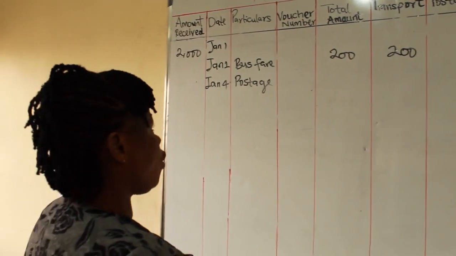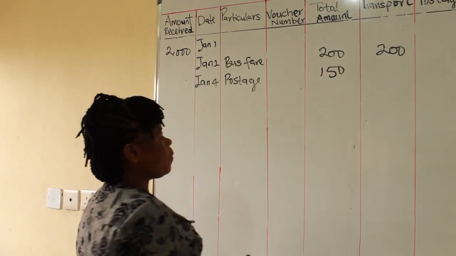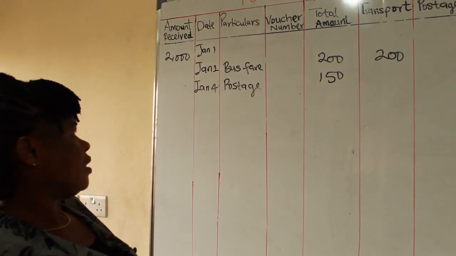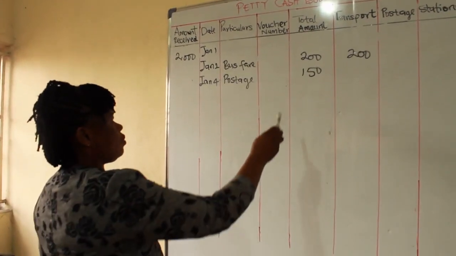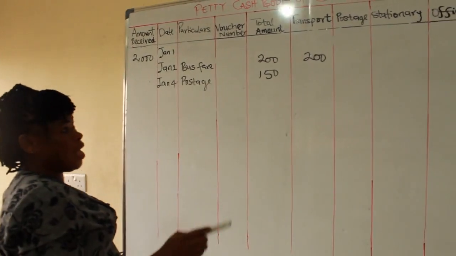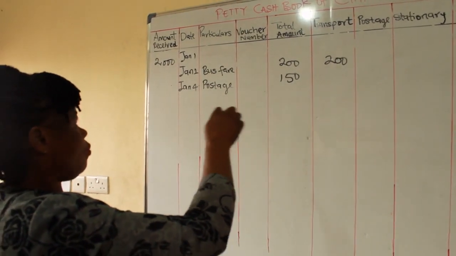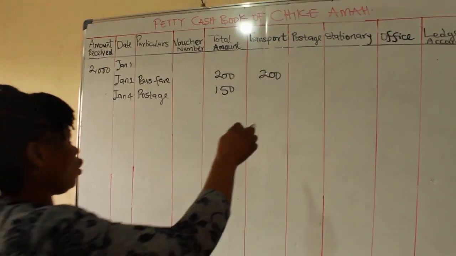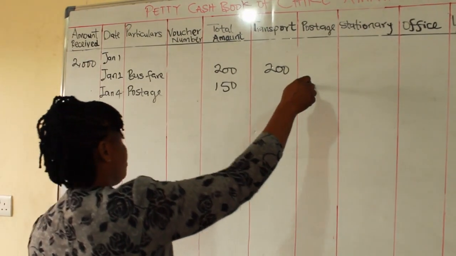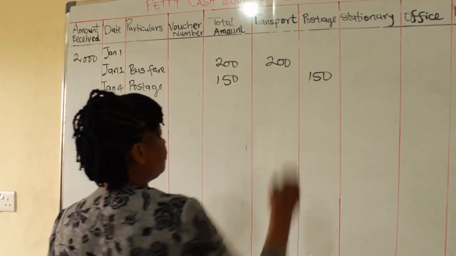And the amount is 150 naira. Then we are going to look for the column where this postage belongs. And if we look at the petty cash book on the board, you find out that the postage column falls in here. Therefore, we'll write 150 naira.